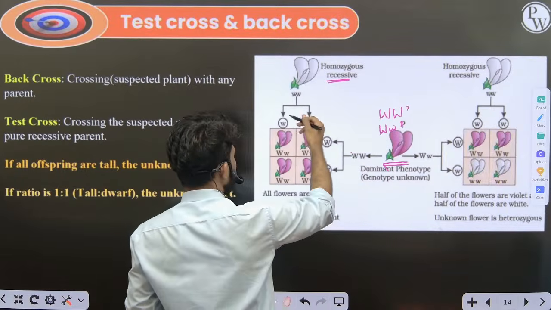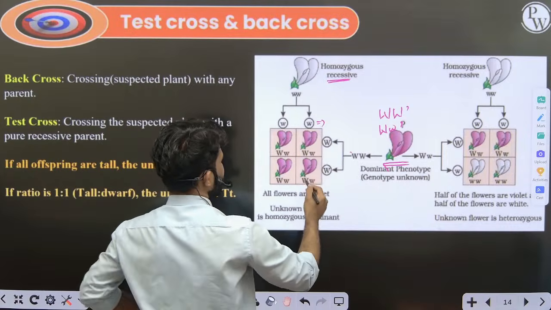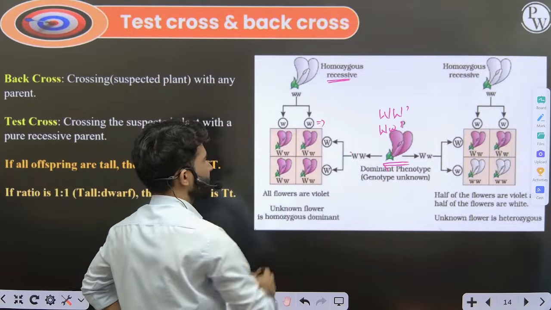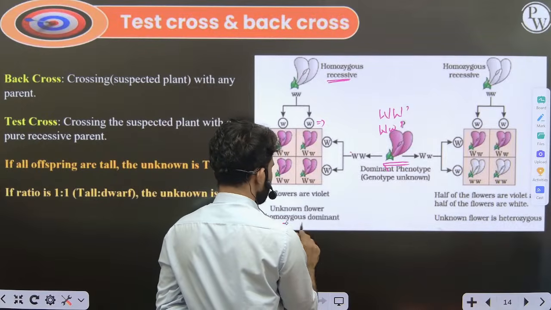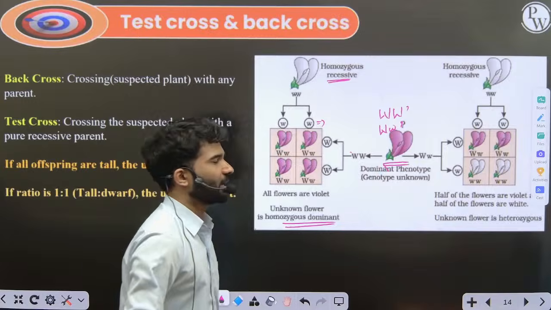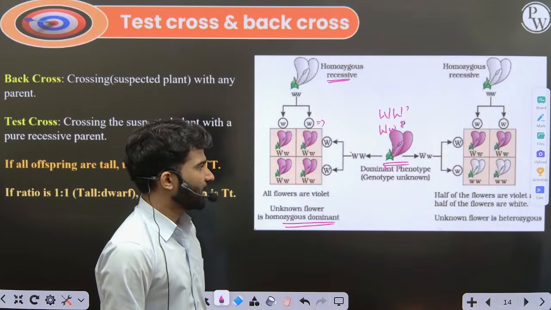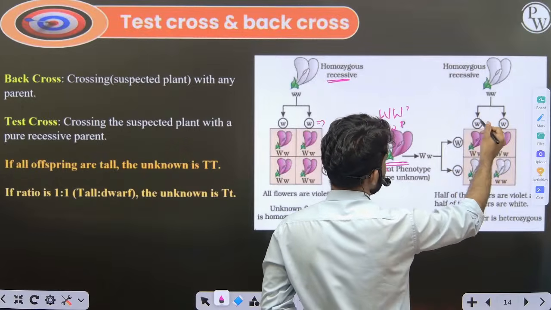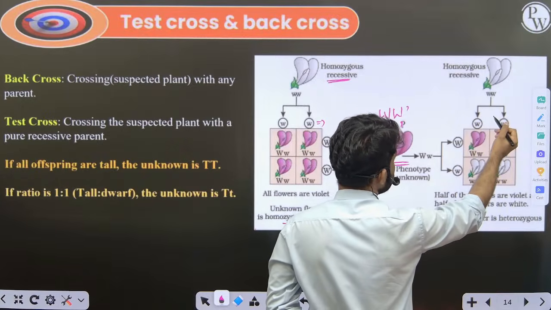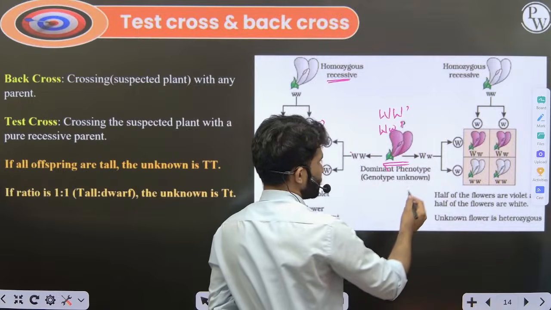So we cross them with the recessive parent. If all were violet plants, then definitely the unknown flower is homozygous dominant. Again, the same thing: what we are doing is a test cross. We are always crossing the suspected plant with the recessive parent.